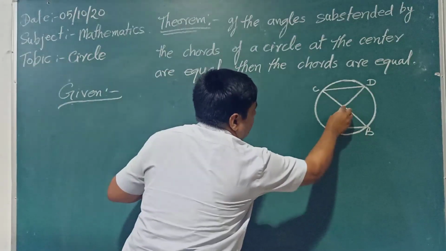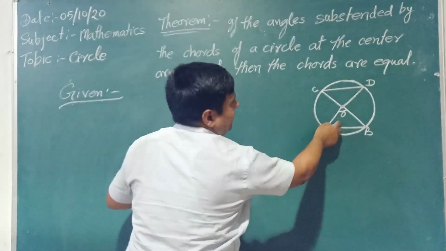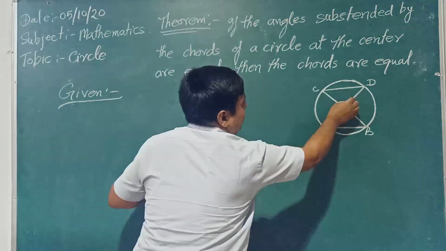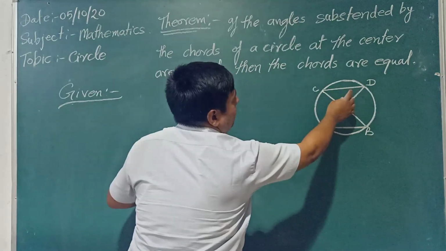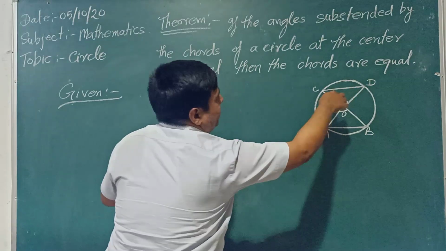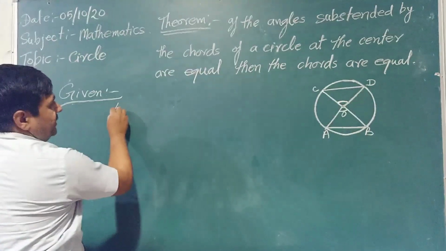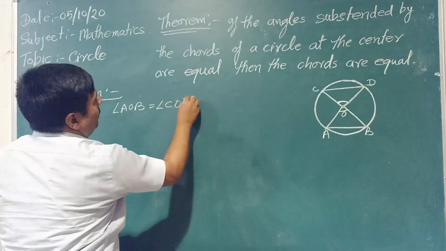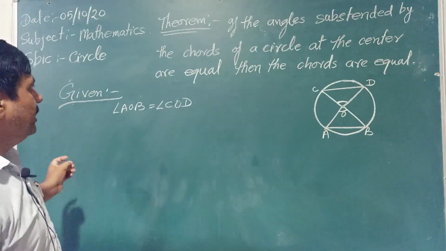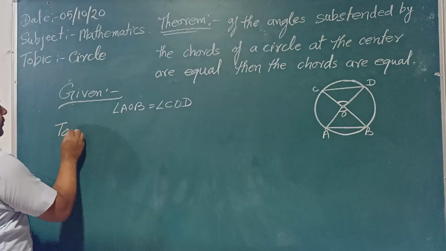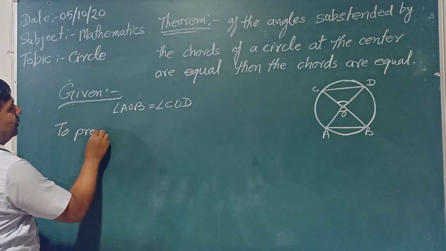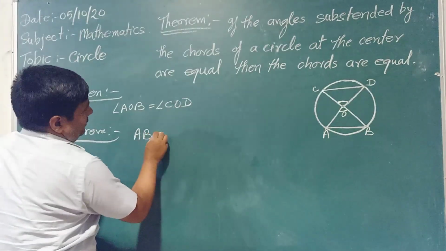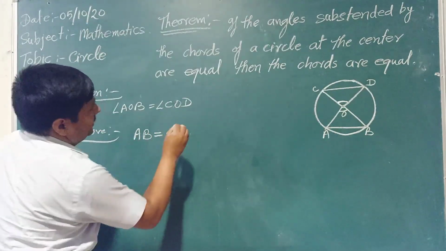Now angle AOB is the angle subtended by chord AB, and angle COD is the angle subtended by chord CD. So now it is given that angle AOB is equal to angle COD. Okay, now to prove: chords are equal, AB is equal to CD.